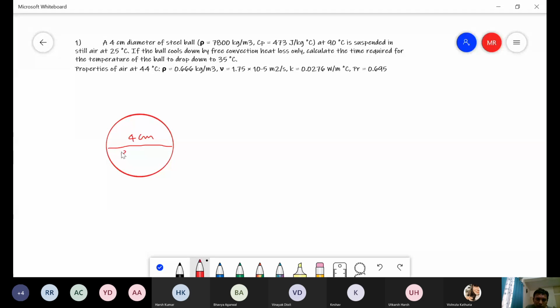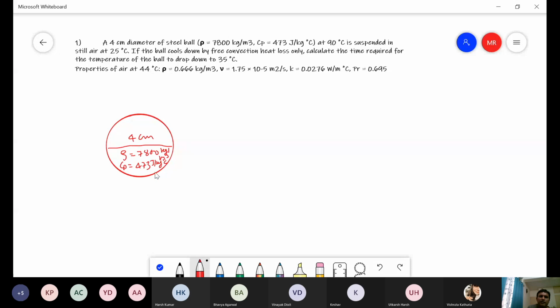Rho is 7800 kg per meter cube, and Cp is 473 joule per kg per degree Celsius.